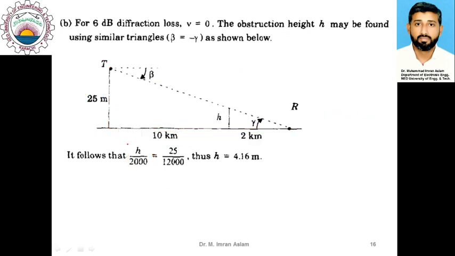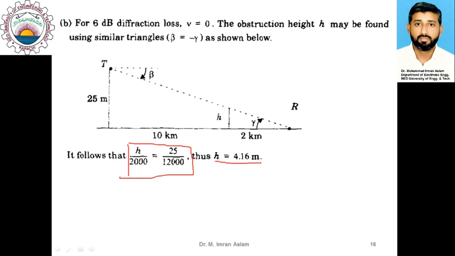So we have this fraction represented here: h upon 2000 is equal to 25 upon 12,000, and by simplifying this relationship, you would see that h comes out to be 4.16 meters. So if we have an obstruction height equal to 4.16 meters, you would have a loss of 0 dB.